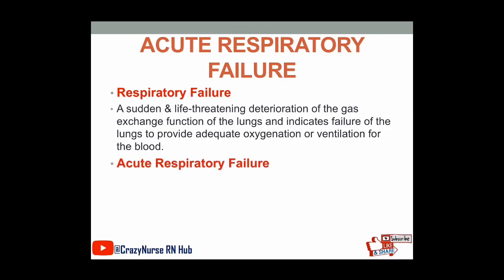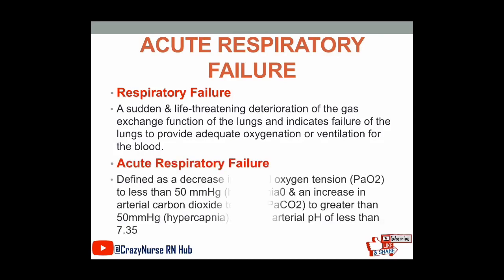For the acute respiratory failure, it is defined as a decrease in arterial oxygen tension to less than 50 millimeters of mercury. This would indicate hypoxemia and an increase in arterial carbon dioxide tension to greater than 50 millimeters of mercury.